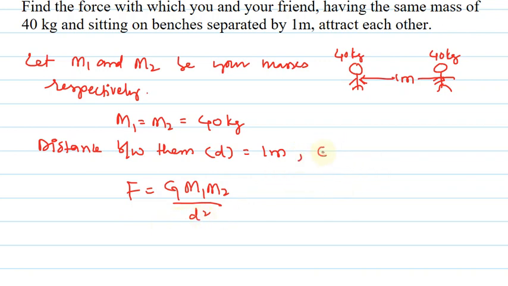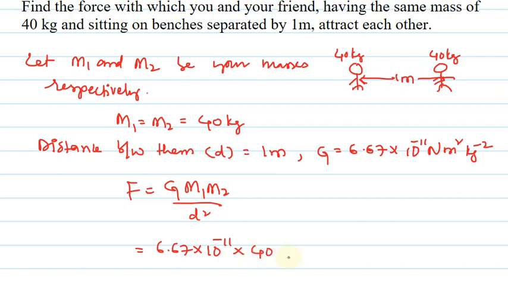G is equal to 6.67 into 10 to the power minus 11 Newton meter square per kg square. So if we substitute these values, G value is 6.67 into 10 to the power minus 11, into mass 40 kilograms for m1 and m2, divided by d square, which is 1 whole square.